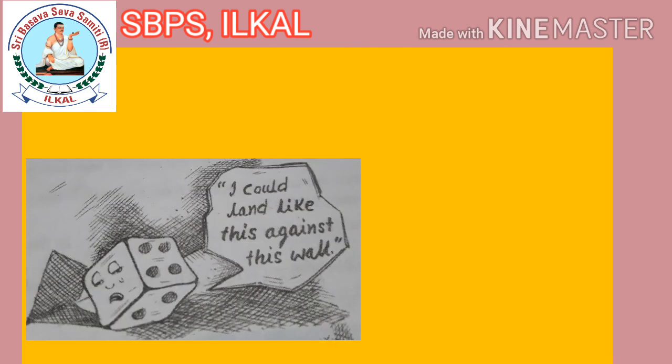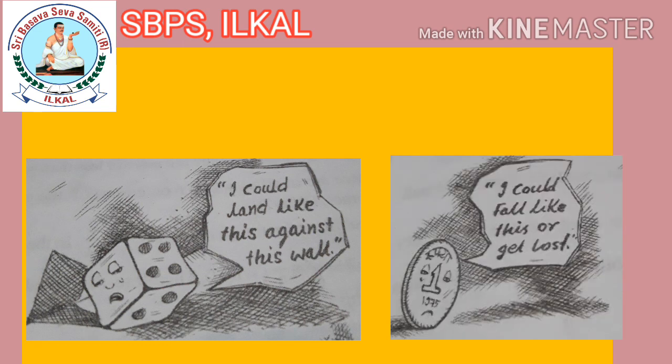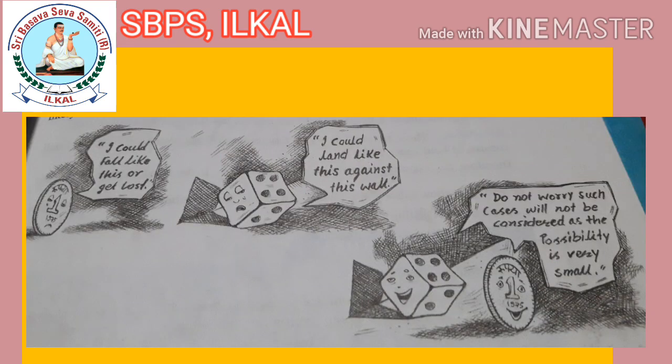Let's consider a different example. If you are playing with a dice, it could land like this against this wall. The dice is saying, I could fall like this or get lost. The coin is saying the same. Here, these are also chances, but do not worry, such cases will not be considered as the possibility is very small.